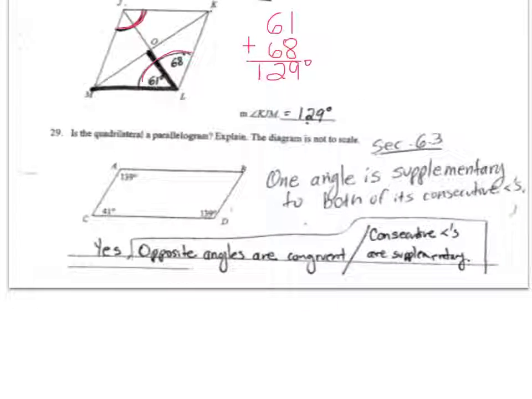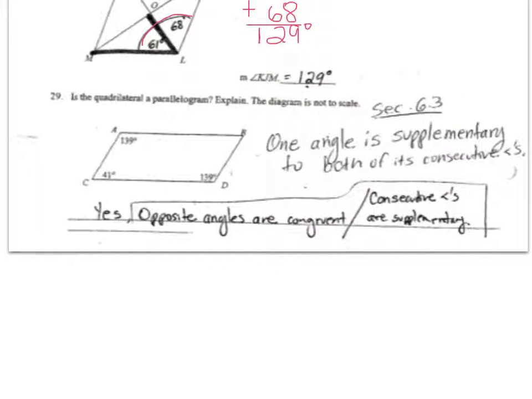And number 29, this one, if you put yes because opposite angles are congruent or consecutive angles are supplementary, this one will still be okay. But for second period, that we just covered all the way to 6.2, the answer is this one, consecutive angles are supplementary.